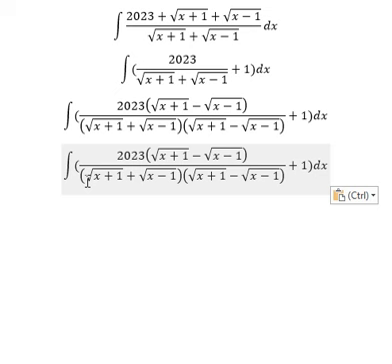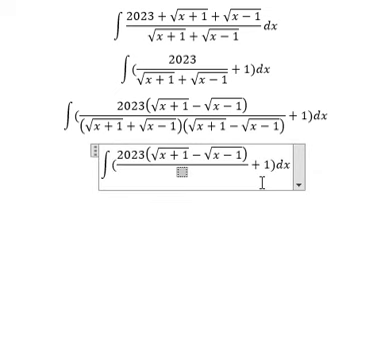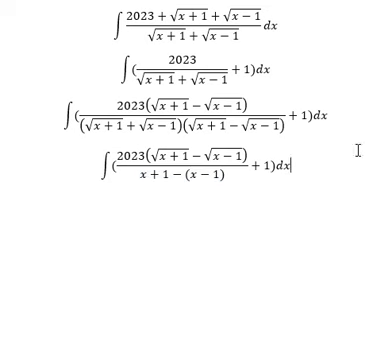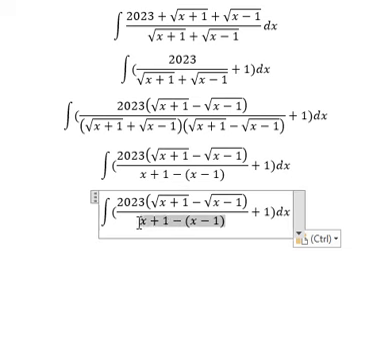Next, this one if we simplify it, we have like this. So s minus s we cancel, 1 minus negative 1, we have number 2.